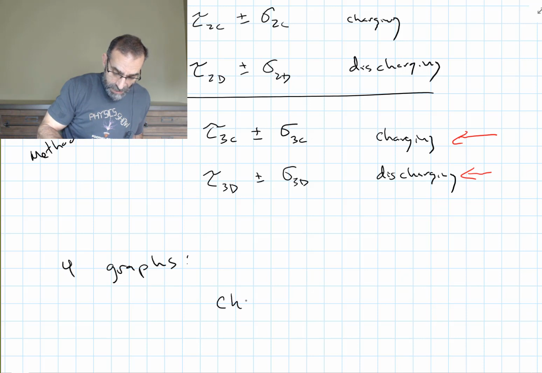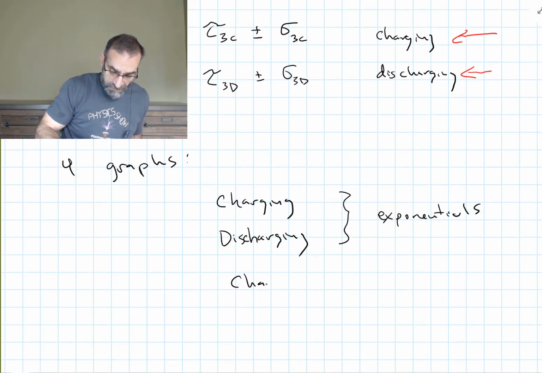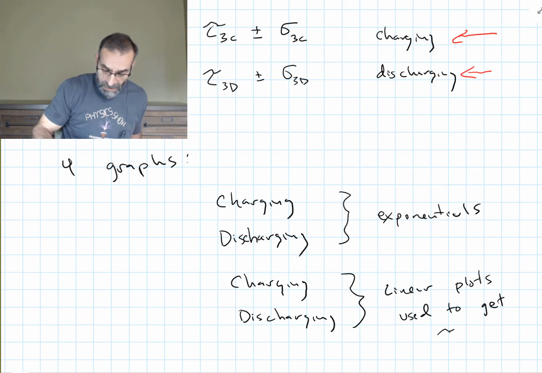So you're going to get a charging and a discharging, the exponentials, right? And then the charging and the discharging, the linear plots used to get tau.